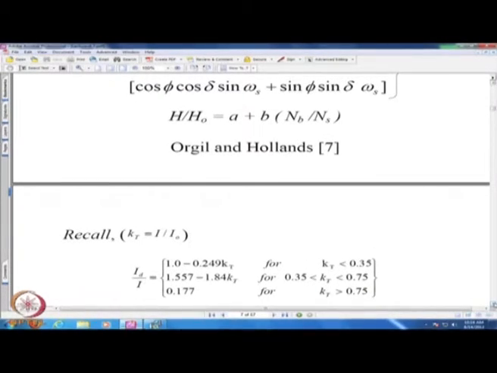The idea is, if you have a broad measured or estimated entity like monthly average daily radiation, can we construct hourly radiation values which will mimic the actual data, though not equal to the exact actual data.